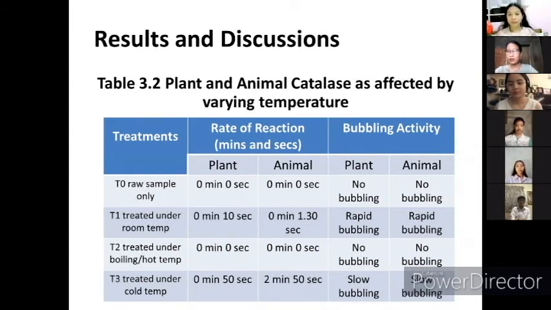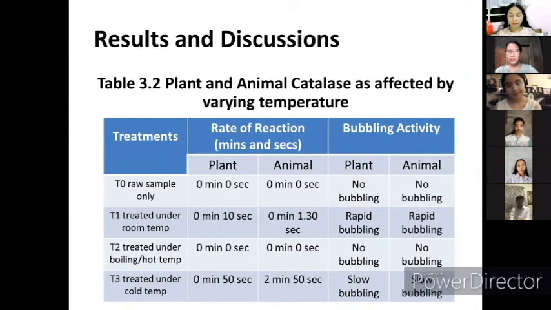In this case, it shows that the room temperature did not do anything to the capacity of the catalase to react on the hydrogen peroxide, thus giving this particular bubbling activity na rapid. Mabilis yung bubble niya. The indication of the degradation of hydrogen peroxide into water and oxygen.